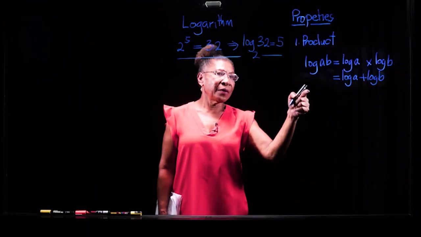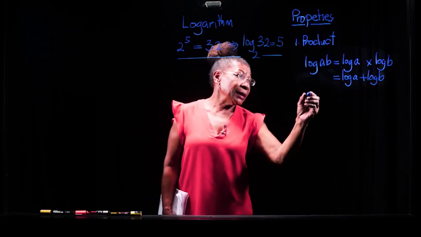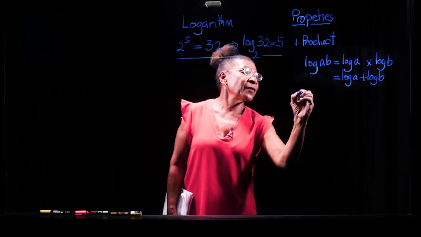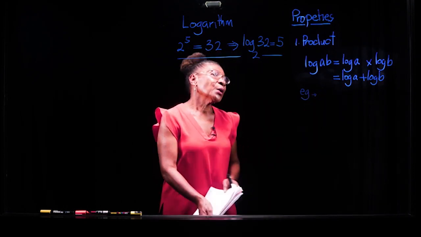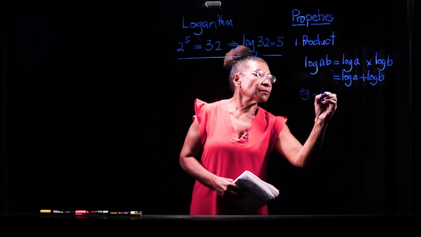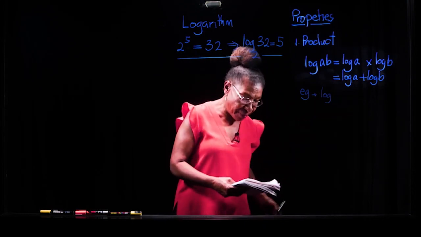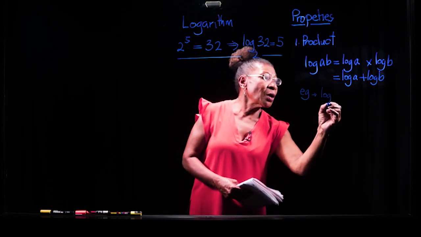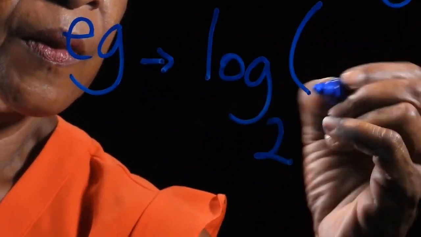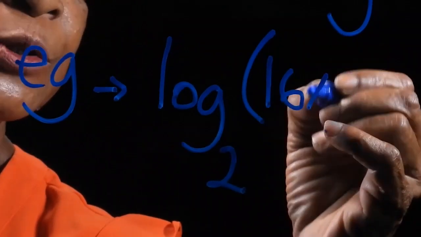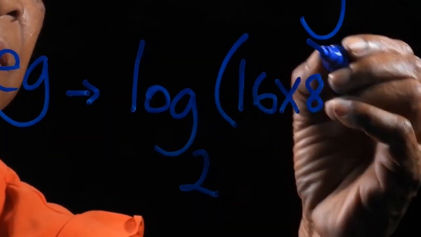If we were to give an example in numbers, we would have example number 1, and in example number 1, we'd have, and we create a base, and it is log base 2, and 16 multiply 8.